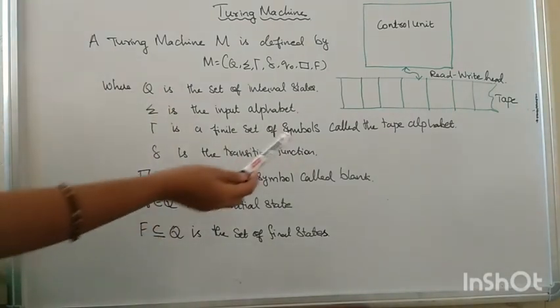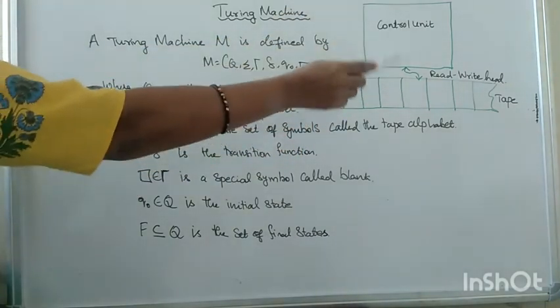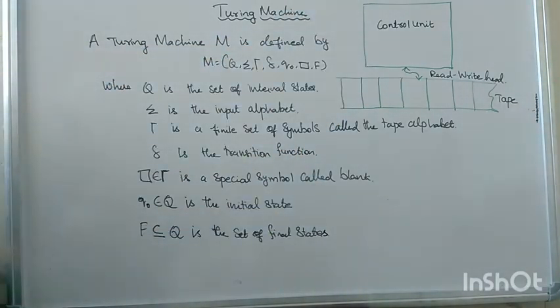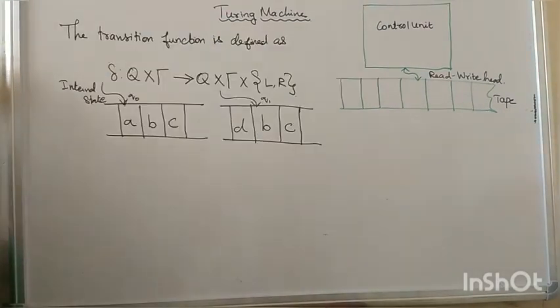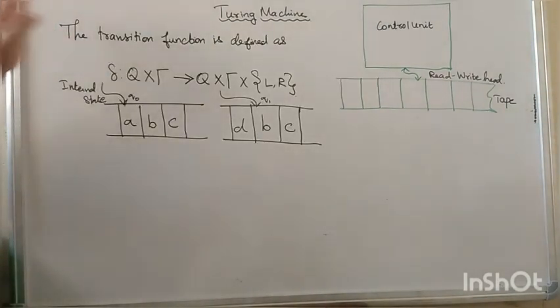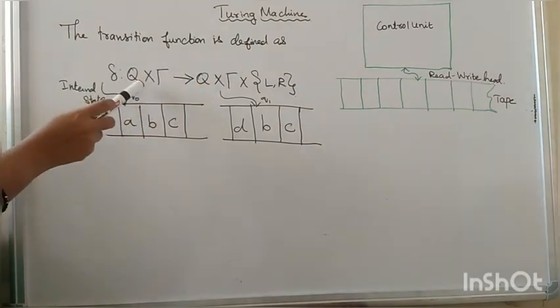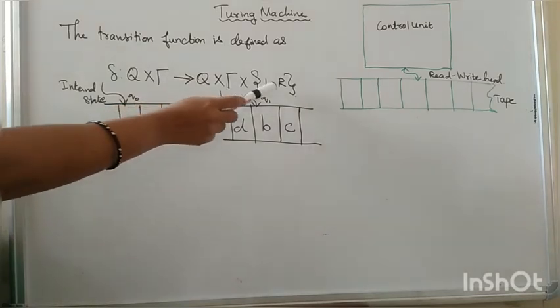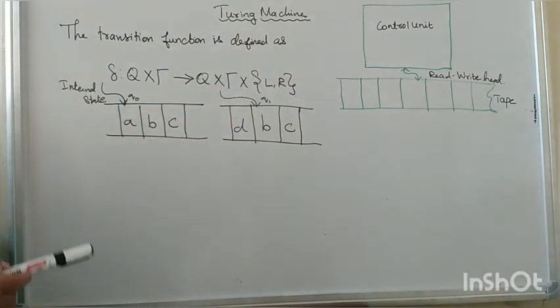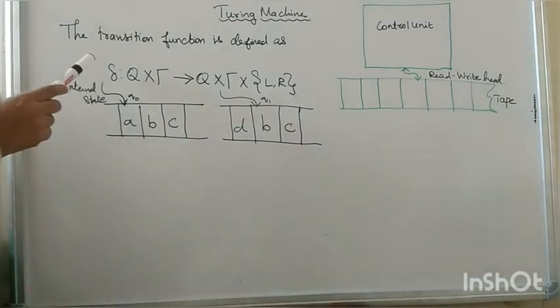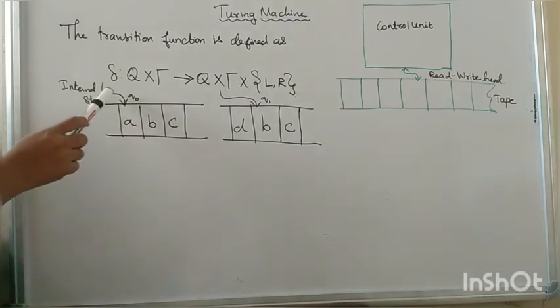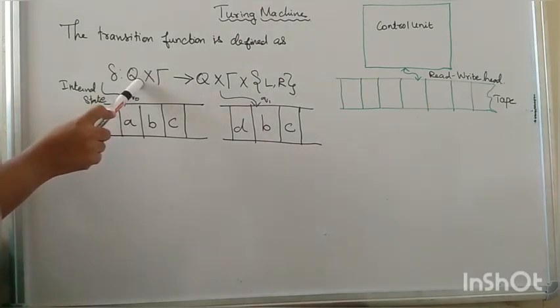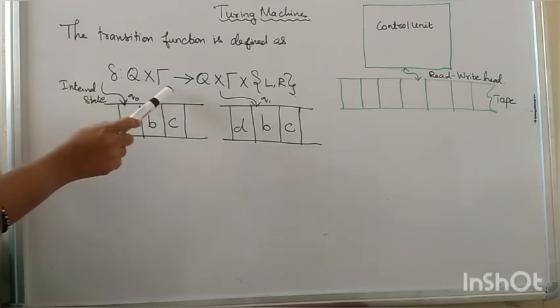Let's see the transitions so that we can easily understand the working principles of this machine. The transition function del is defined as del such that Q cross tau tends to Q cross tau cross L comma R. What it means is the arguments of the transition are the current state of the control unit and the current tape symbol being read.